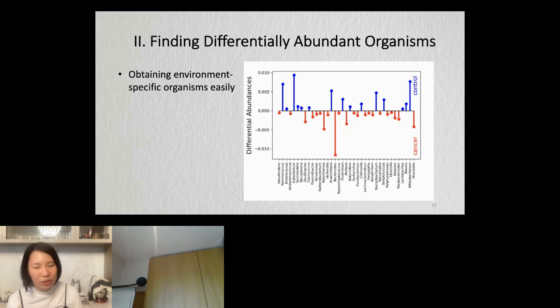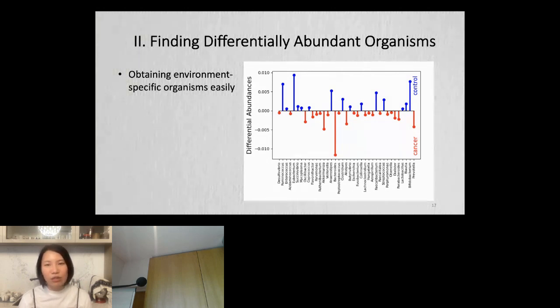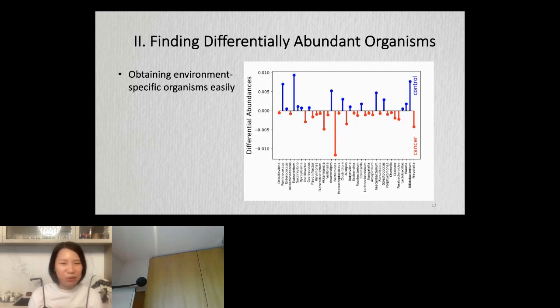The plot shows an example of it, showing a comparison between the representative cancer samples and that of control samples, and the differentially abundant organisms that are revealed through this process. Of course, I believe that much more analysis is needed to really confirm the effectiveness of this method, but here we present a method that I believe has a lot of potential.